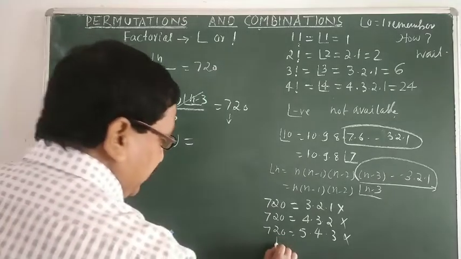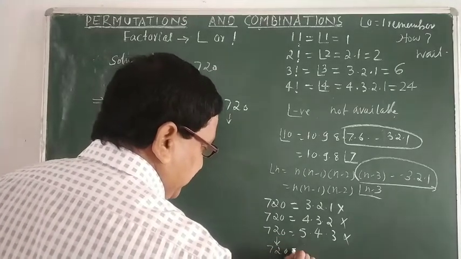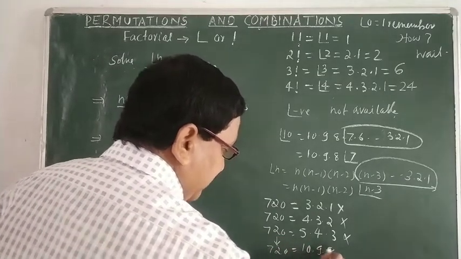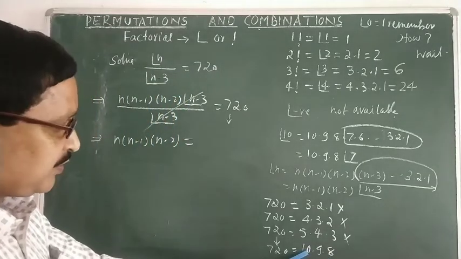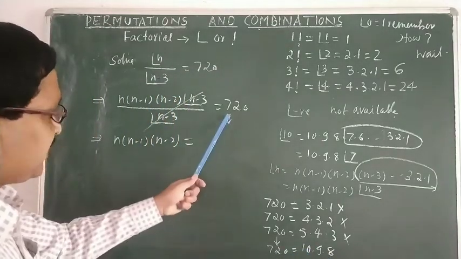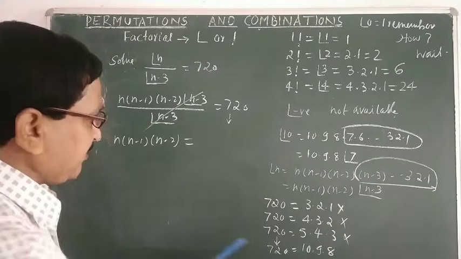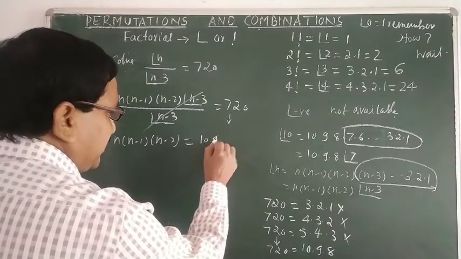And similarly, you can go ahead. 720 is equal to 10 into 9 into 8: 9 times 8 is 72, into 10, 720. So these are the consecutive factors, 10 into 9 into 8.